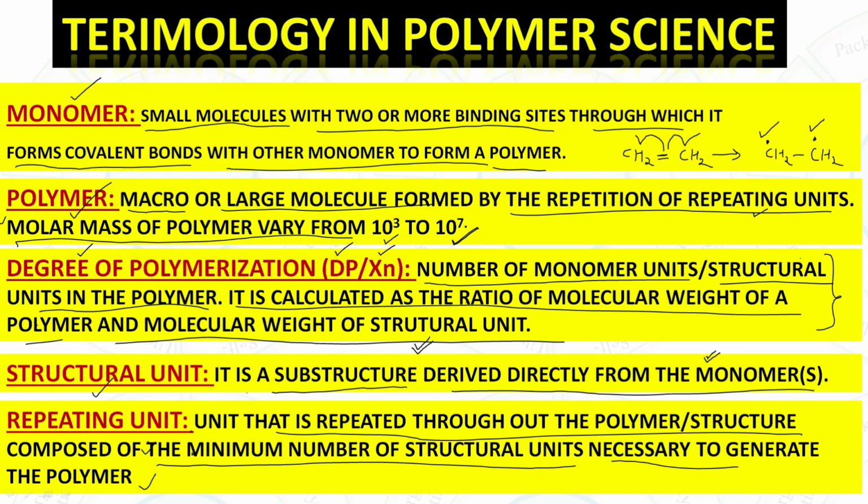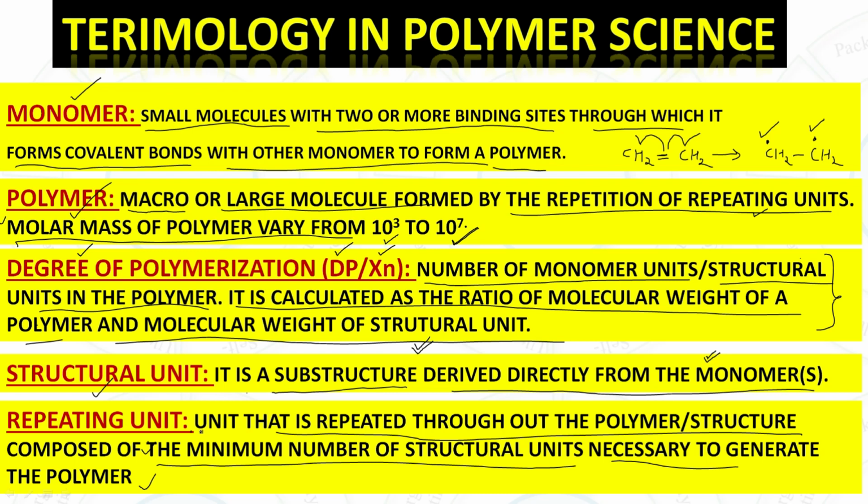Please remember this. You can read this definition again and analyze it on your own. The unit which is repeated throughout the polymer structure is composed of a number of structural units, and those structural units may be composed of more than one monomer or one monomer, and they are necessary to generate the polymer.